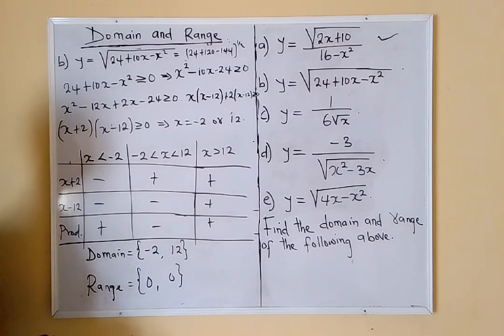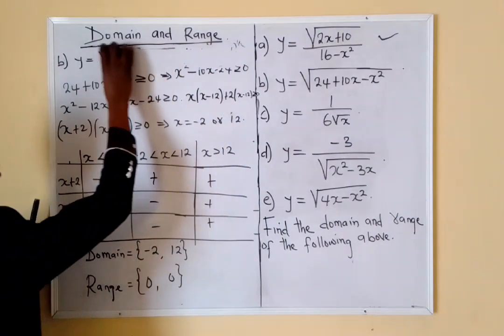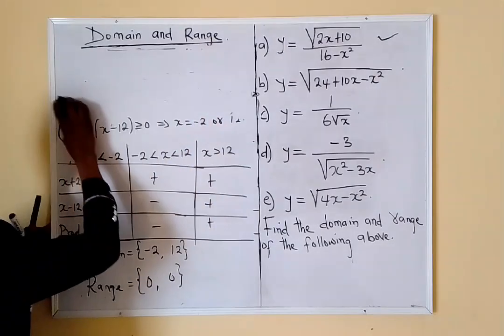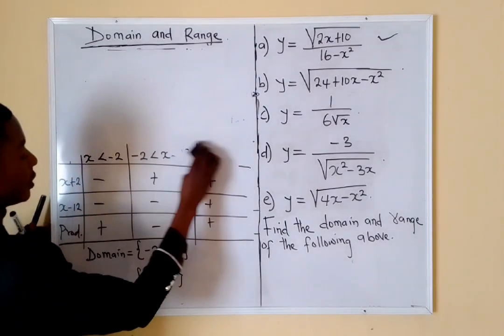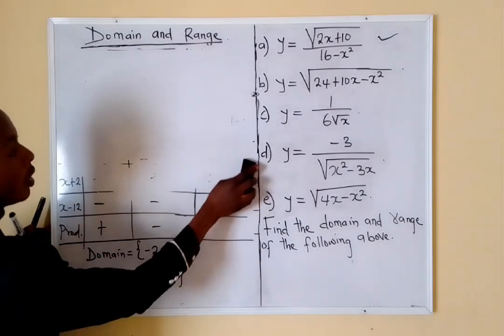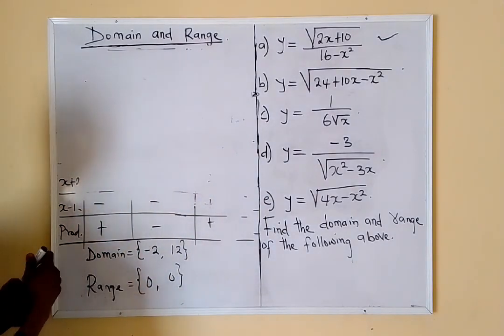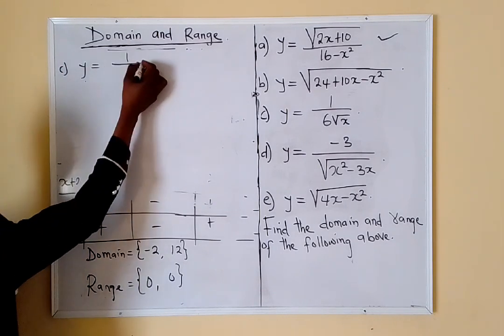The third one, we are asked to find the range and the domain of y equal to 1 divided by 6 root x. For this function to have real values, everything in the denominator must be greater than 0. If you put 0, the function will be undefined. And if you use numbers less than 0, because of this root, it will still be imaginary.